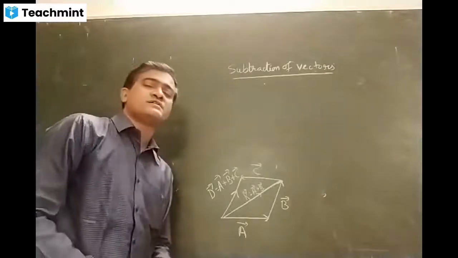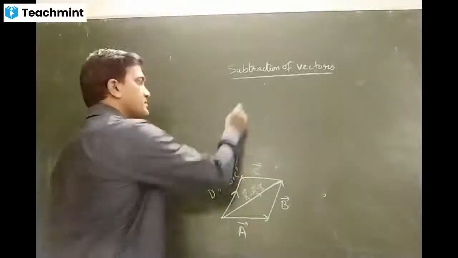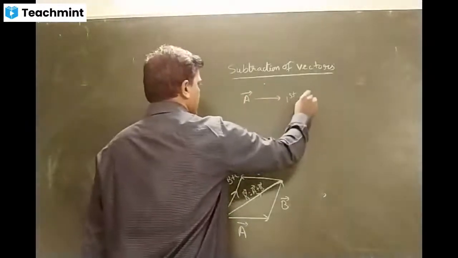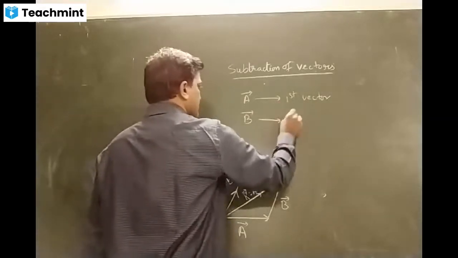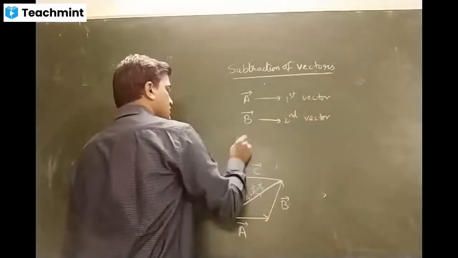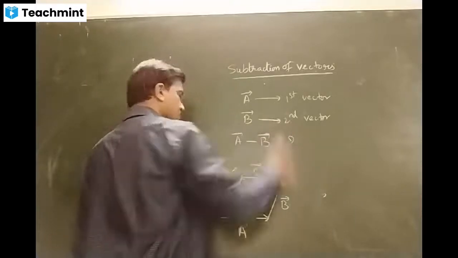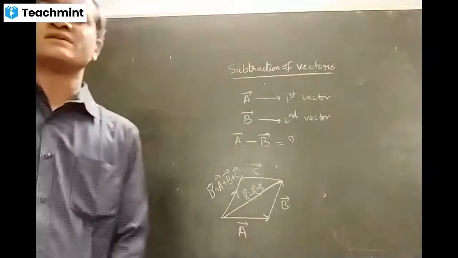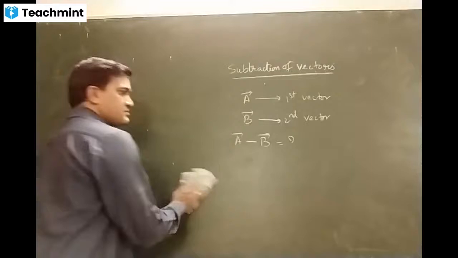For example, if I treat A bar as the first vector and B bar as the second vector, then I want A bar minus B bar. What we are discussing is the graphical method. All these are nothing but graphical method. I want A bar minus B bar.